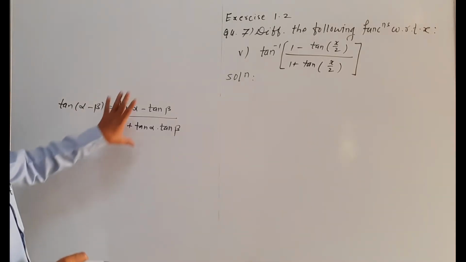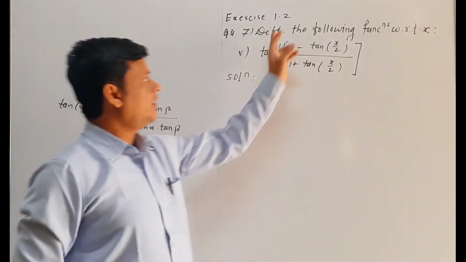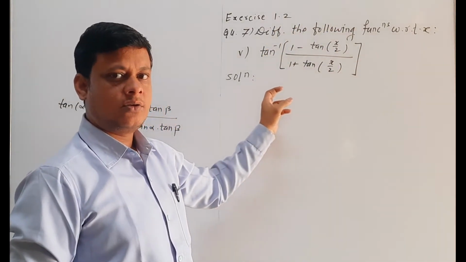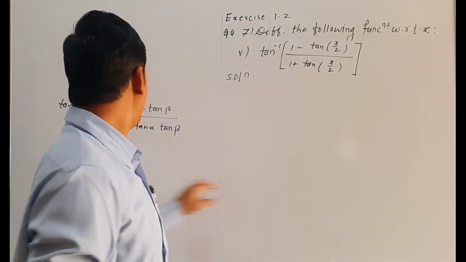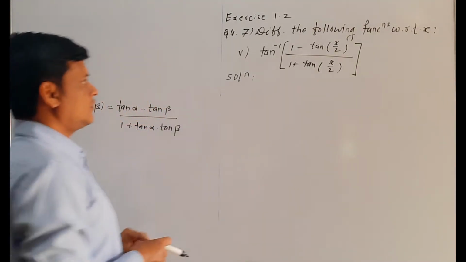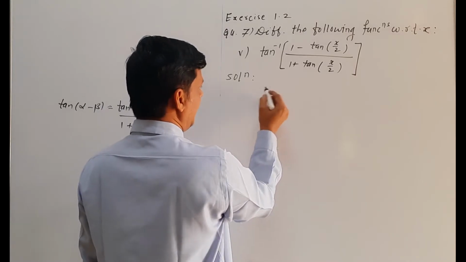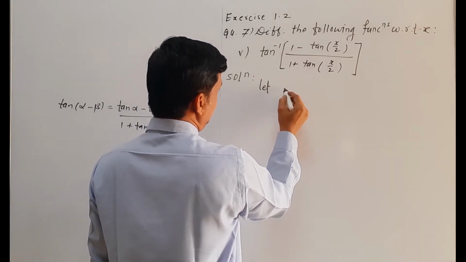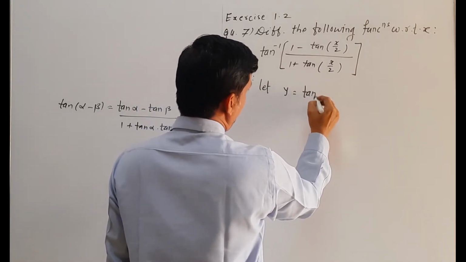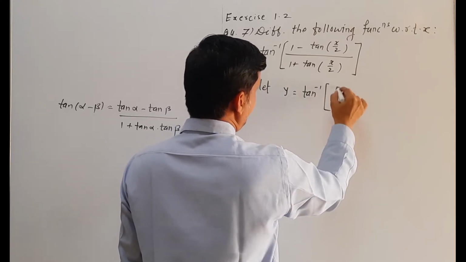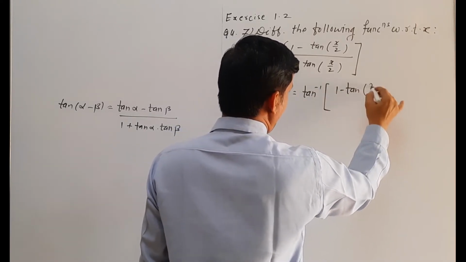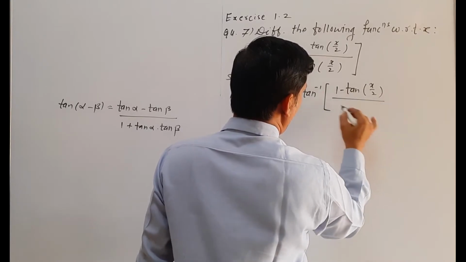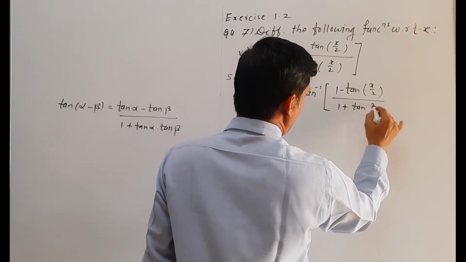So with the help of this formula we simplify this bracket so as to reduce it in terms of tan. So we write the given function as y. So write in the solution, let y is equal to tan inverse of (1 minus tan x by 2) upon (1 plus tan x by 2).